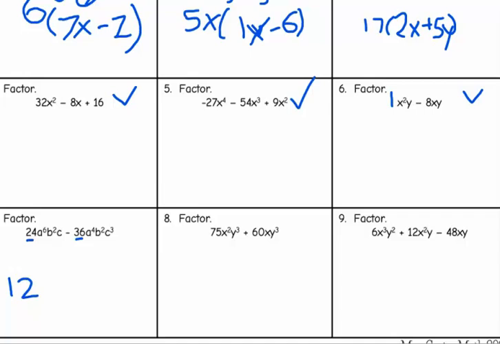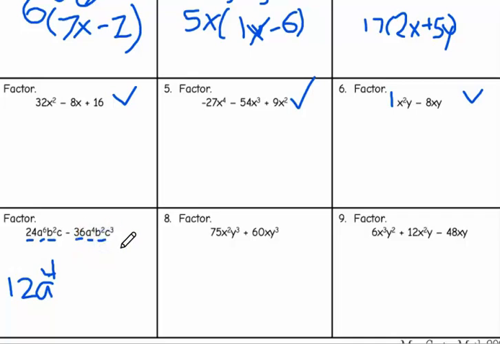Alright, now we're going to look at what exponents we can take out. So you look at the a's. This is a to the 6th, a to the 4th. Okay, so you can only take out the lowest exponent. So we're doing a to the 4th. Alright, let's look at the b's now. B to the 2nd, b to the 2nd.